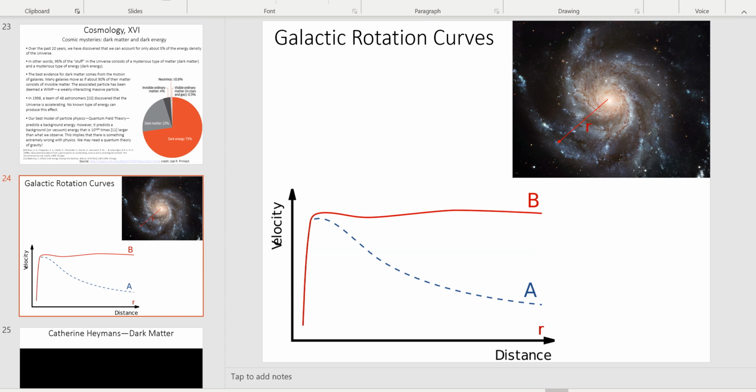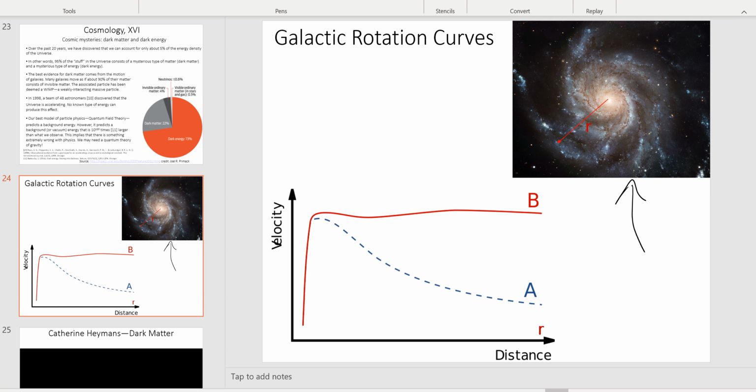Let's go to this slide where I want to talk about galactic rotation curves in a little bit more detail. Here I have a galaxy at the top right. This is a fairly typical spiral galaxy. And let's assume that all the mass in this galaxy is visible to us, either in the form of stars or gas, etc. And let's also assume that the laws of gravity as we understand them are correct.